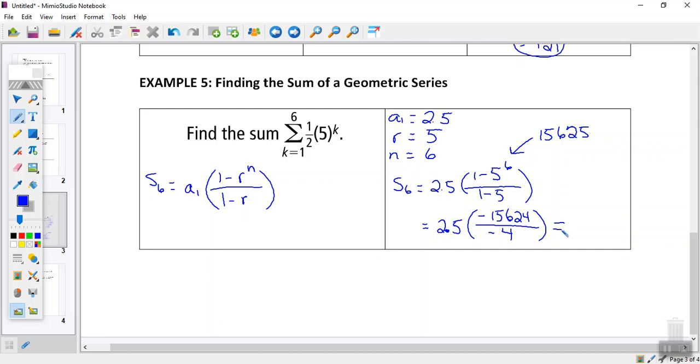How much? 9,765. Yeah, that looks right.